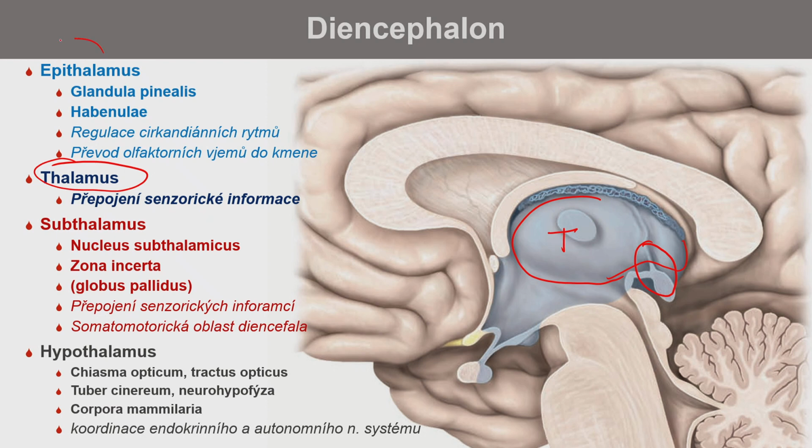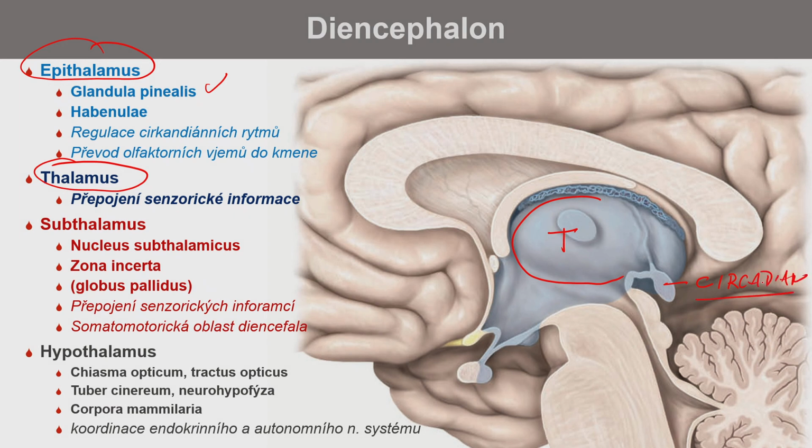So then it is called epithalamus. Epithalamus is 2 important structures, pineal gland and habenula. And they are important structures. The pineal gland has circadian rhythms.